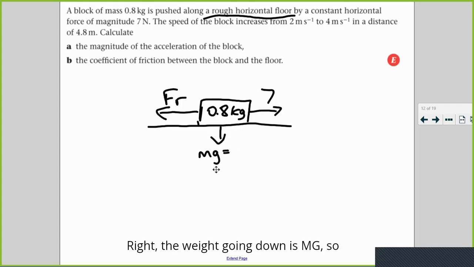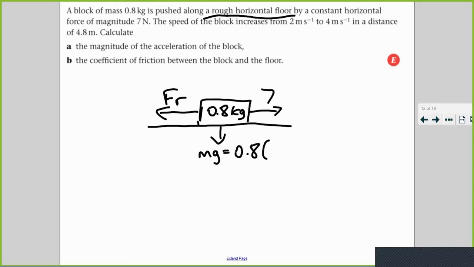Right, the weight going down is mg, so 0.8 times 10 will be 8. And going up is your normal reaction.